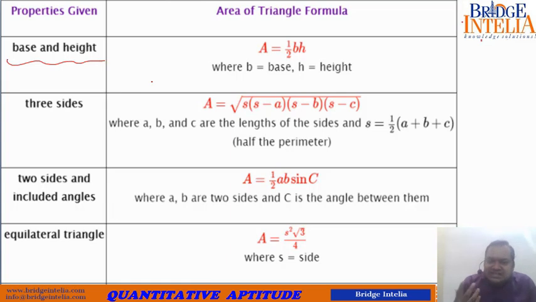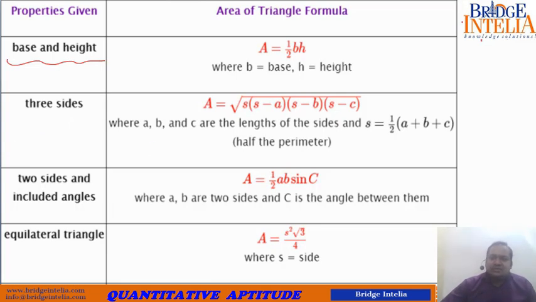The next scenario is, if you already know the magnitude of the three sides, then you have another formula known as Heron's formula. So that is situation 2. If you don't know the base, you don't know the height, but you know the value of all three sides of the triangle, then you can use this formula to arrive at the area of the triangle.